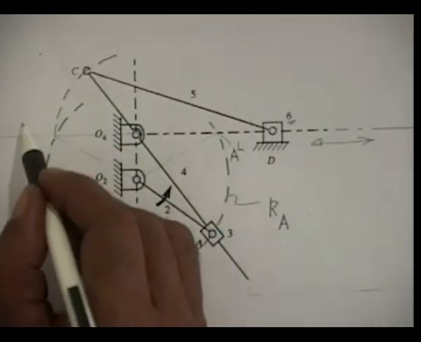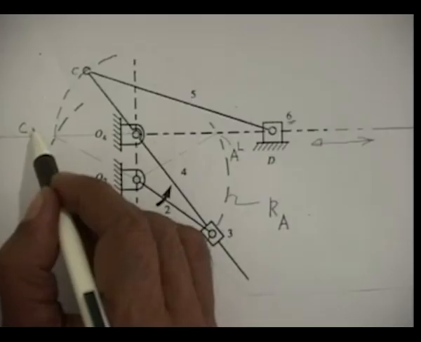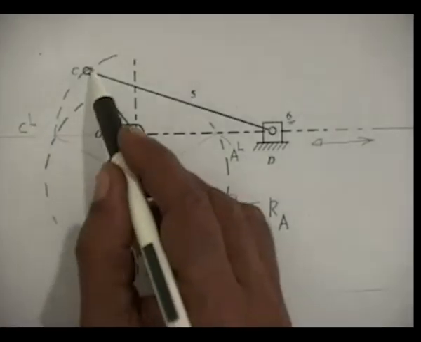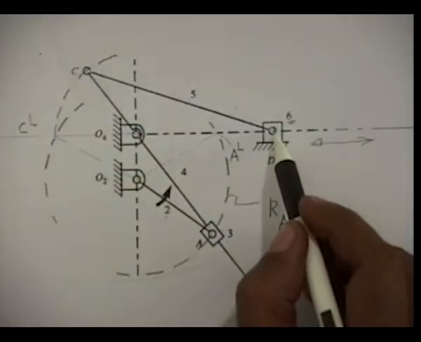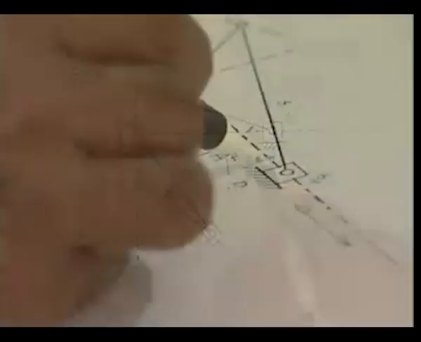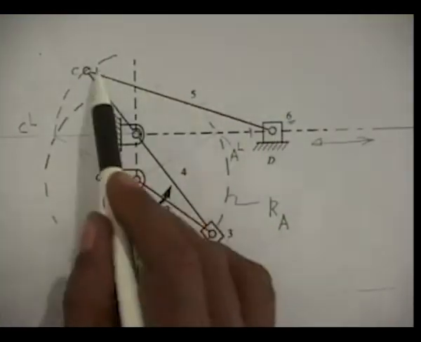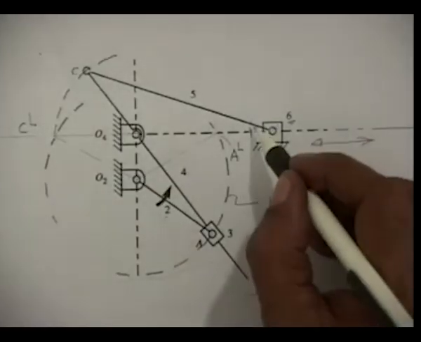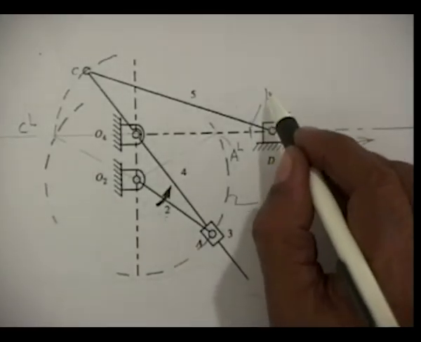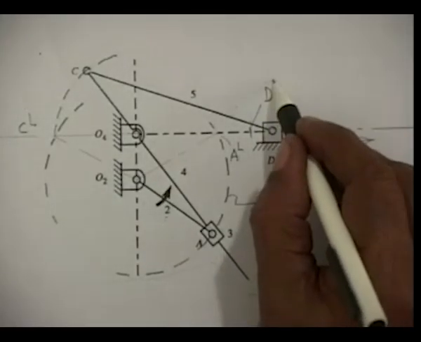So, this point I will call CL. That is the leftmost position of C. Correspondingly, D will move here such that CLDL is CD, because this link length is also not changing. So, this is the leftmost position of the tool holder. Let me call it DL.